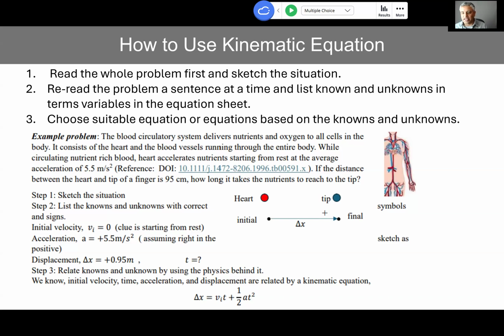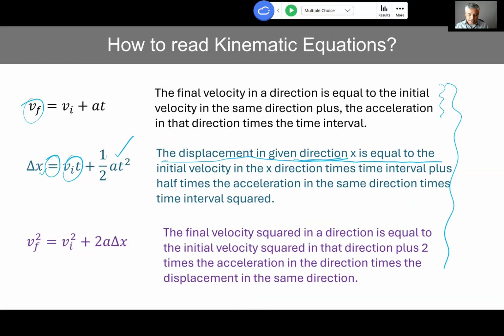That's all, right? So now what we can do is use that relationship to find one of those quantities, provided the other quantities are given. If we pay attention, all three equations have four variables.